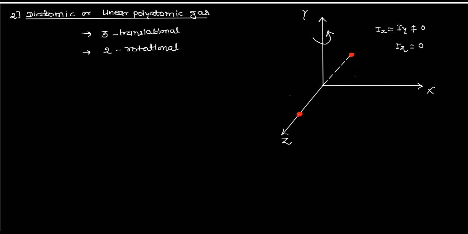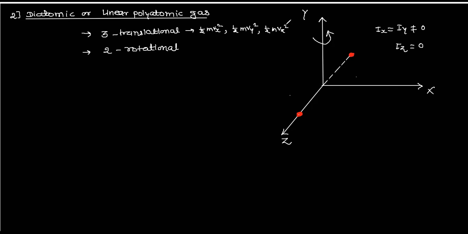So about these two axes you will have moment of inertia. So three translational means you will have energy like this: half m vx square, half m vy square, half m vz square.